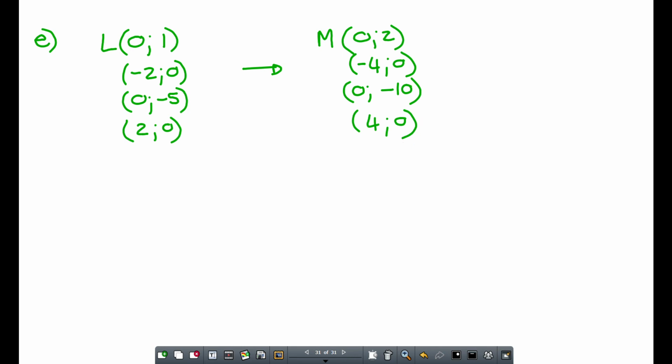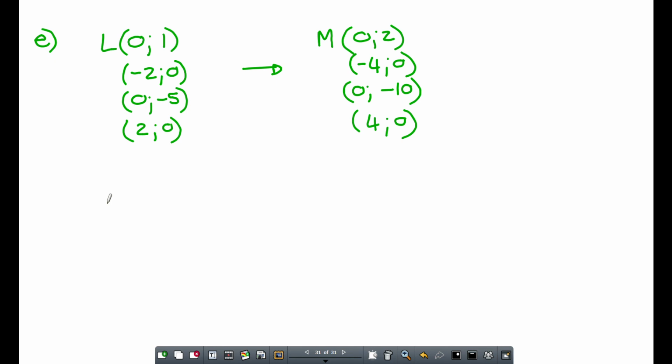We're going from, look at the X values, 0 and 0. So I can't really see anything from there. And then I go from 1 to 2. So it could be times 2. Let's double check. Minus 2 times 2, it does give me minus 4. 0 times 2 still gives me 0. Minus 5 times 2 gives me minus 10. So do you guys see that it is 2 times bigger?